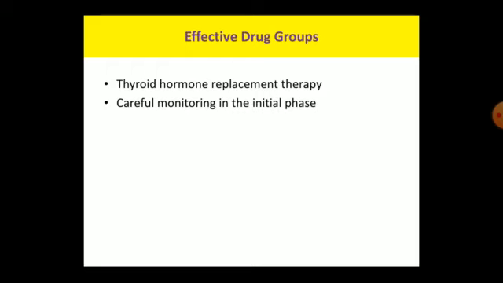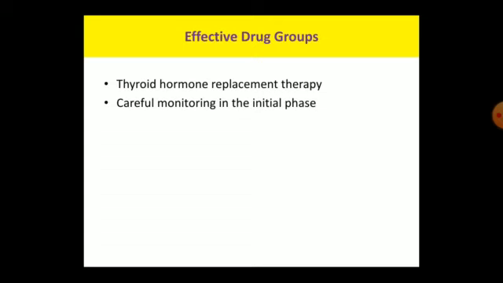Now, we will select out of these two agents in the next slide, but regarding thyroid hormone replacement therapy, in the initial phase one has to start with a low dose, and frequent follow-up, frequent monitoring and frequent thyroid hormone level measurement, T3, T4 and TSH, is essential to titrate the dose.